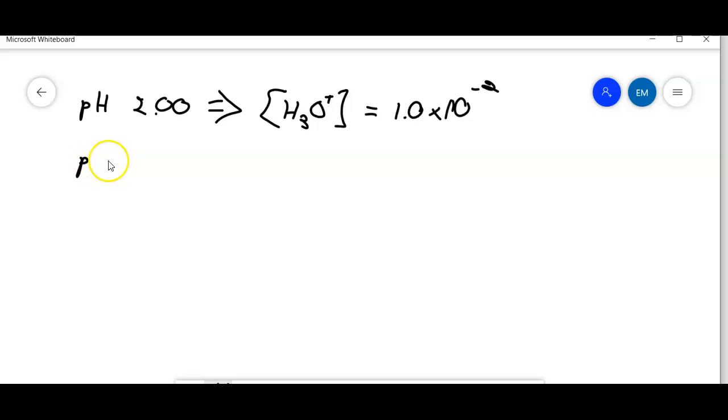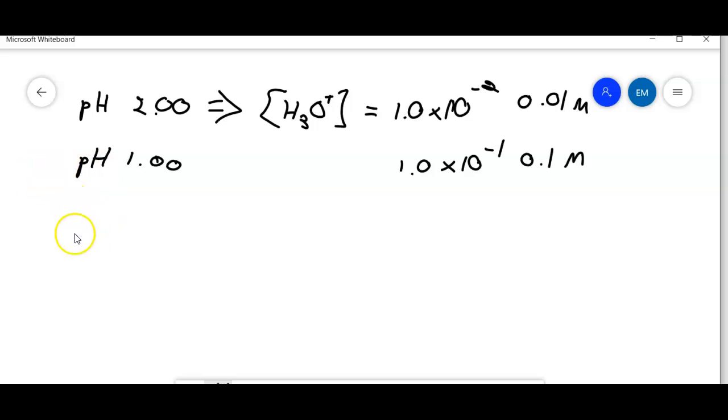At pH 1.0, this is going to be 1.0 times 10 to the minus 1, which is 0.1 molar. And you can have a pH of 0. That's going to be 1.0 times 10 to the 0, which is equal to 1. So 1 molar, and you can get that.